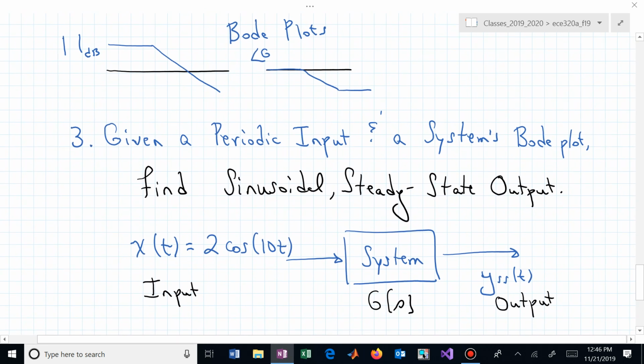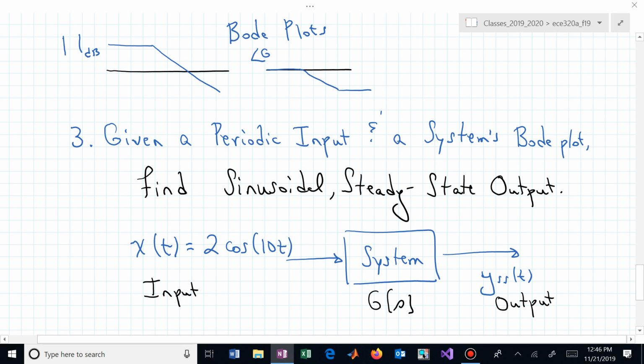is, suppose we now have a system, G of S, a transfer function, and we shake it with a given sinusoidal input. It's a linear system, so what do you know the output is going to do in the steady state? If you shake a linear system at 10 radians per second, what are you going to see the output doing? Is it going to be a constant?